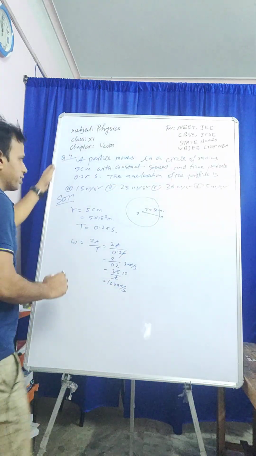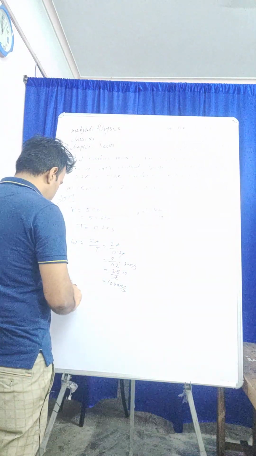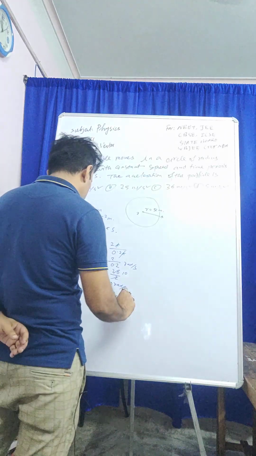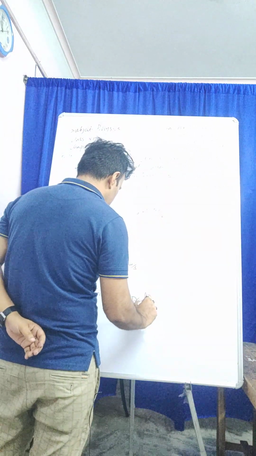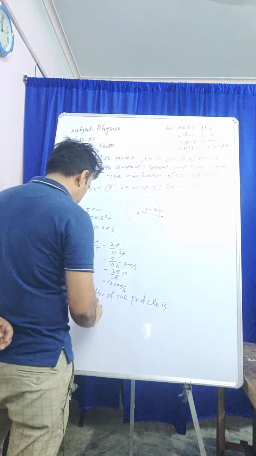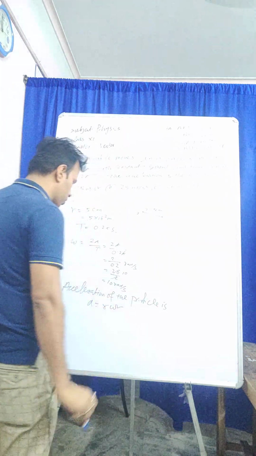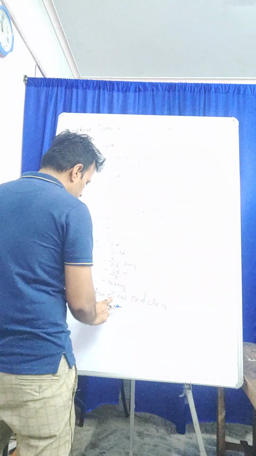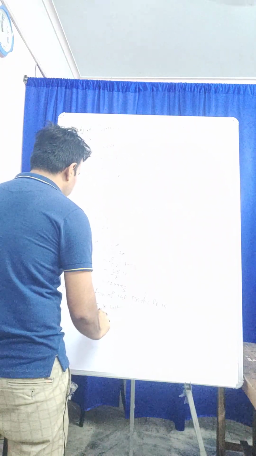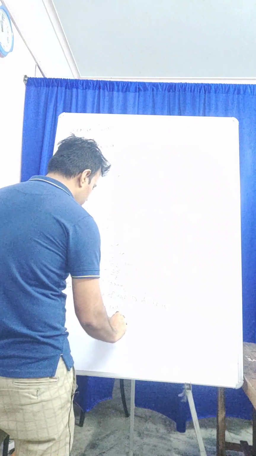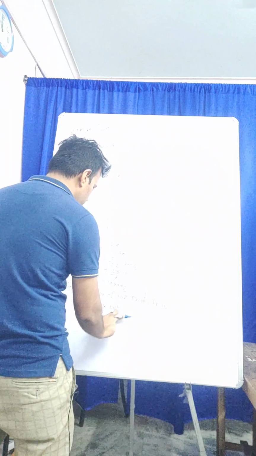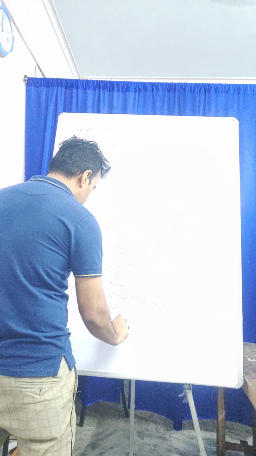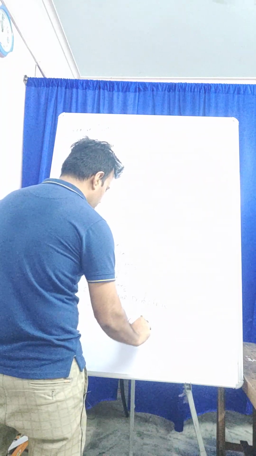So the acceleration of the particle is a equal to r omega square. r is 5 into 10 to the power minus 2, and omega is 10 squared.